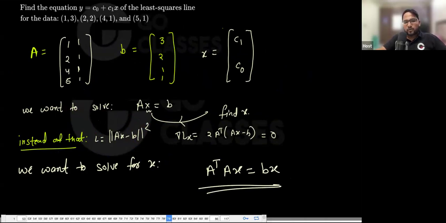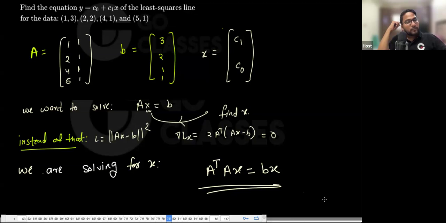So actually we wanted to solve for this, but we ended up solving for this X.